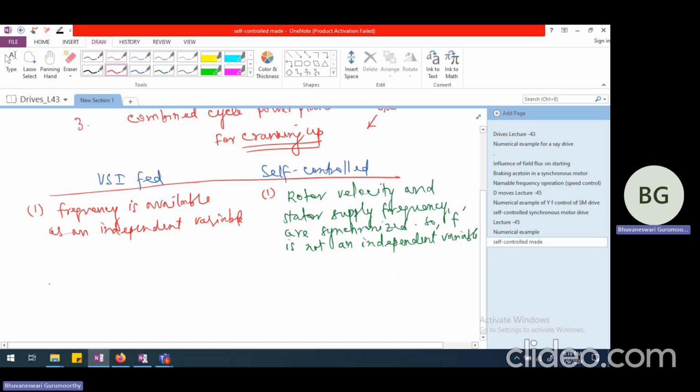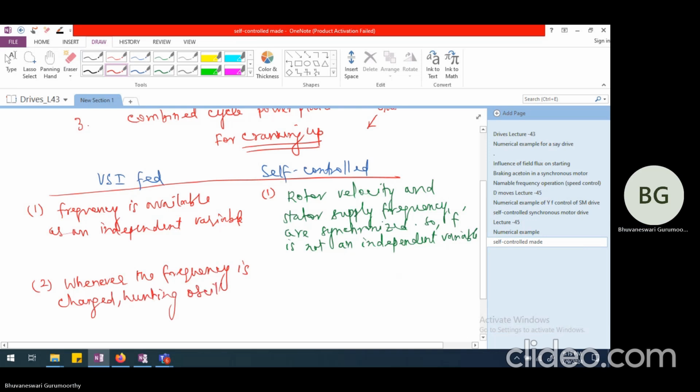That is the reason why, in the VSI fed case, whenever the frequency is changed, hunting oscillations occur before the motor settles down at its new speed.